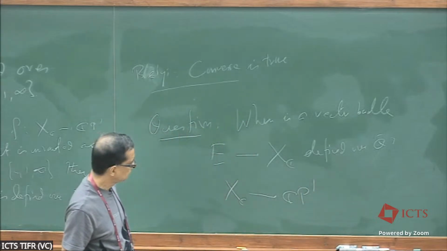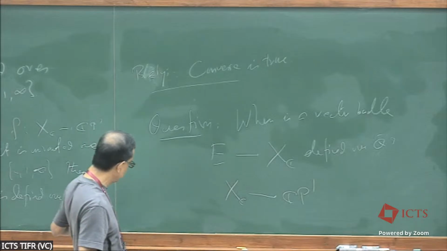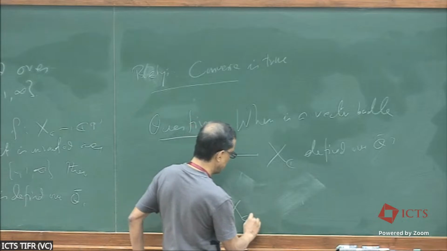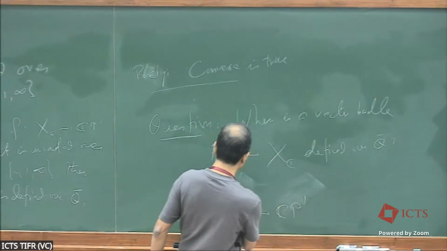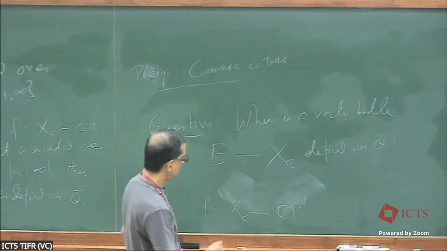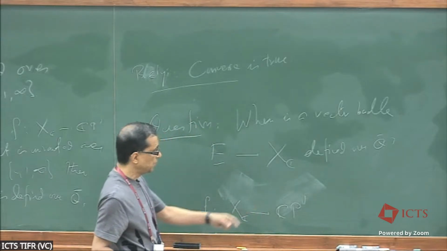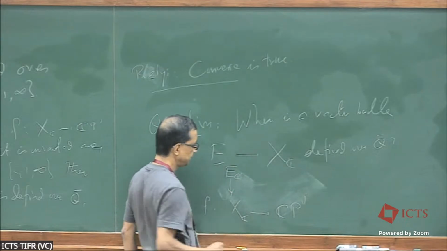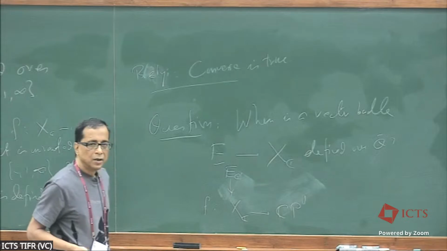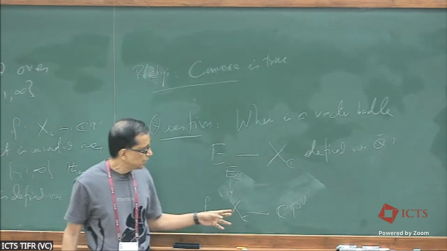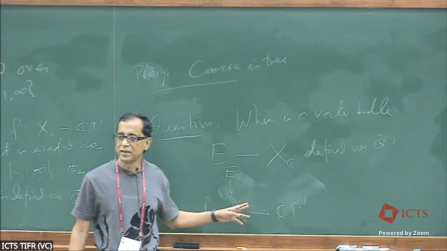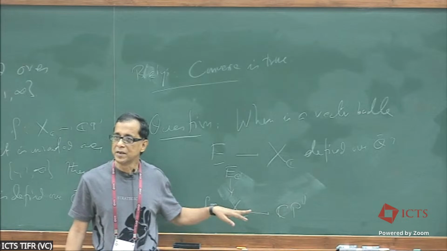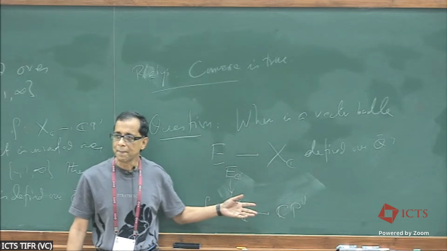So let me explain the question a bit. X_C over CP1: I have a curve which is unramified over the complement of 0, 1 and infinity. And suppose I have a vector bundle E_C. So by Belyi, we know that X is actually isomorphic to a base change of a curve defined over Q bar. And this map is actually the base change of a map defined over Q bar.